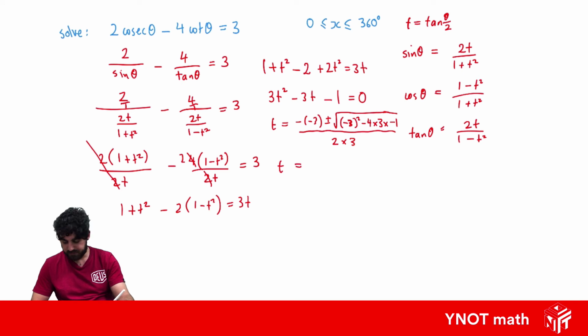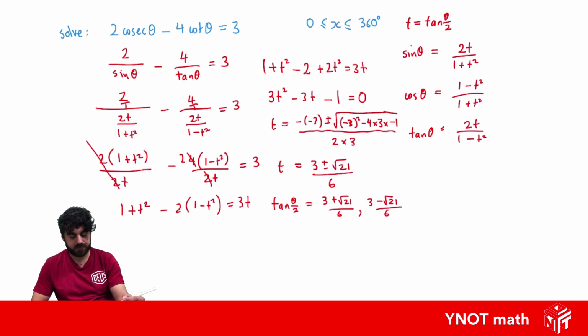Tidying this up is just going to give us t equals 3 plus or minus root 21 over 6. But remember the definition of the t formula is that t equals tan theta over 2.